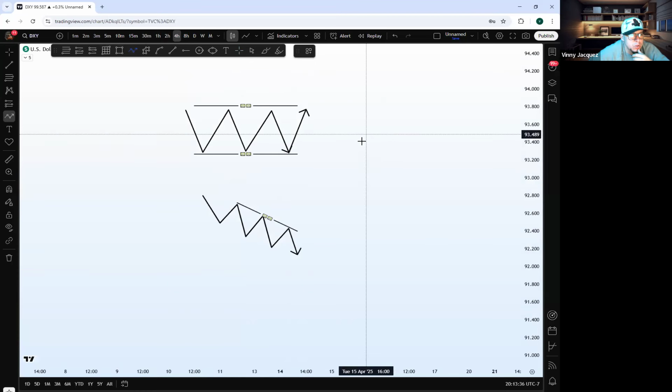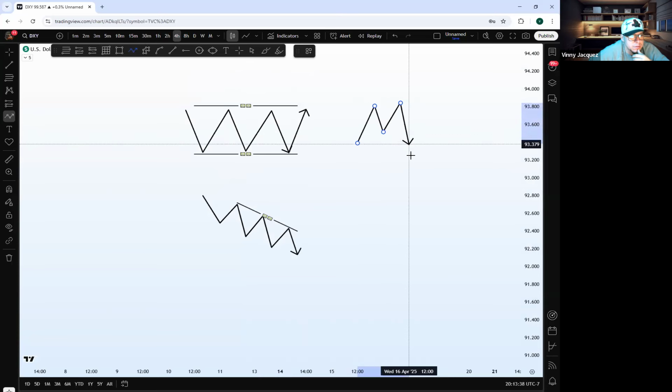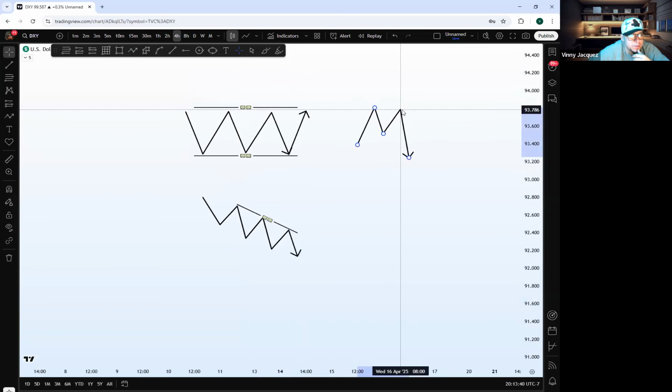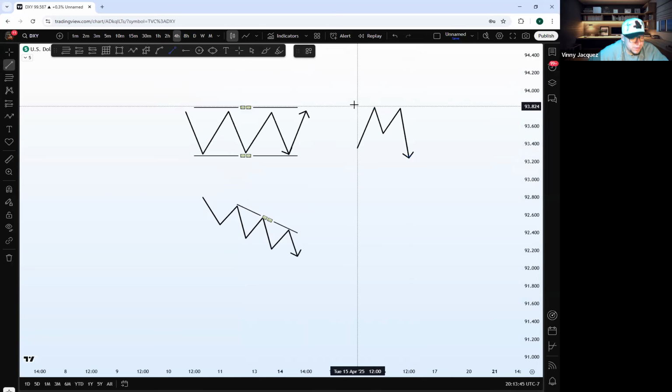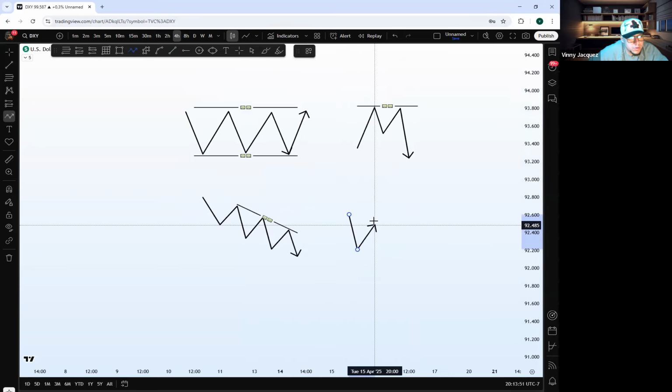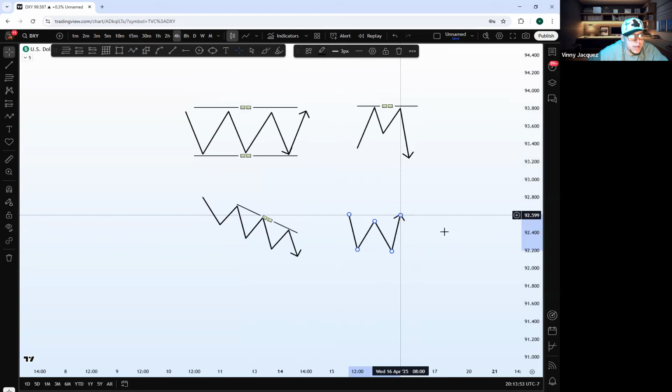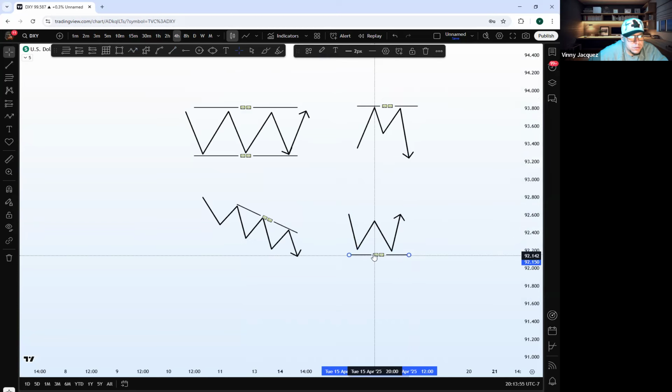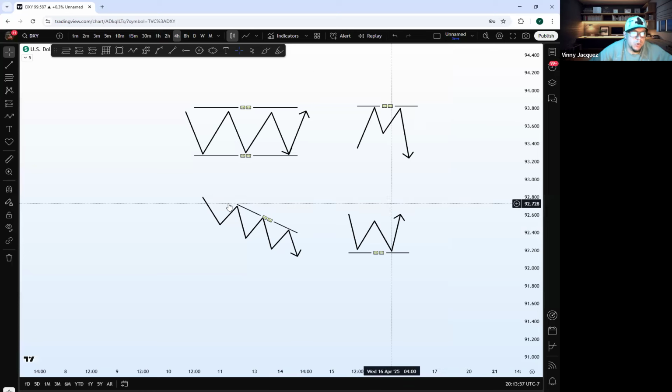Obviously, other people will look at double tops as liquidity as well. We'll have that right there. And then same with double bottoms. But I kind of just look at it the same way I do consolidation, to be real. So I try not to let multiple ways confuse me.